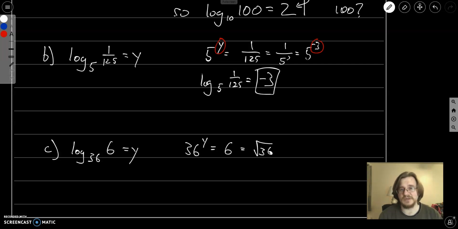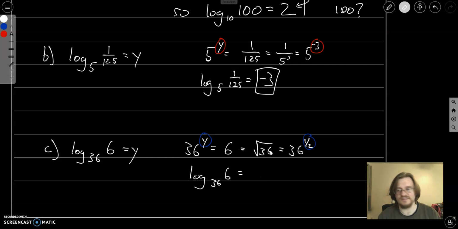And we know that the square root of 36 is just 36 to the 1/2 power. Oh, hey, look. 36 to the y power is equal to 36 to the 1/2 power. y is just 1/2 here. So log base 36 of 6 is 1/2, because 36 to the 1/2 power is 6.